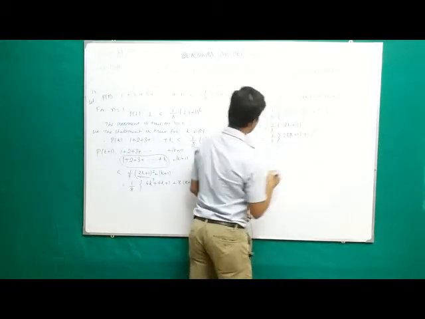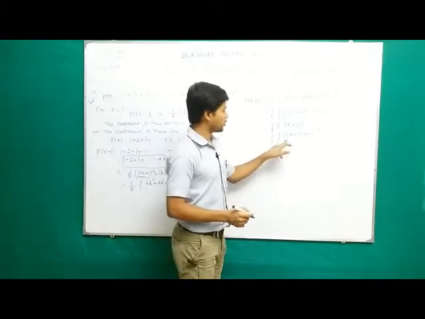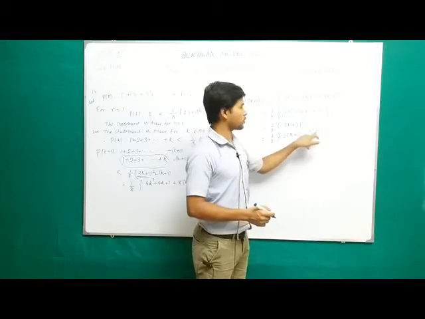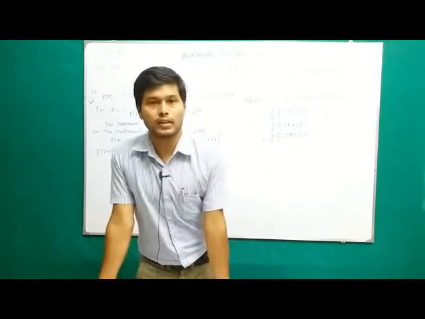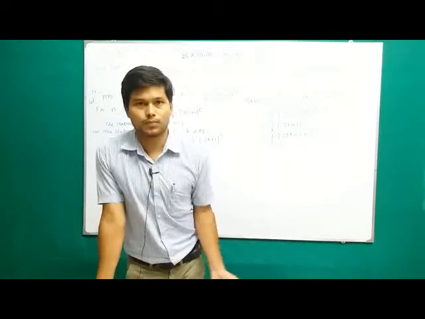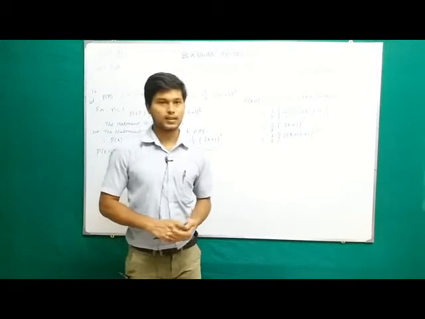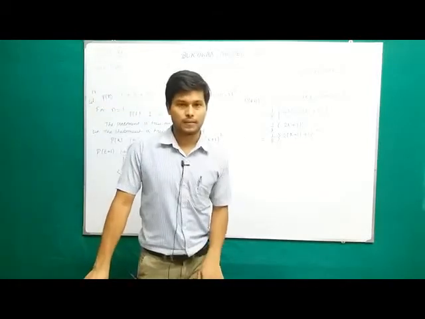That means p of k plus 1 is less than 1 by 8 into (2 into (k plus 1) plus 1) whole square. That means we can say that the statement is true for n equal to k plus 1 also. Therefore, by principle of mathematical induction, we can say that the given statement is true for every value of k.